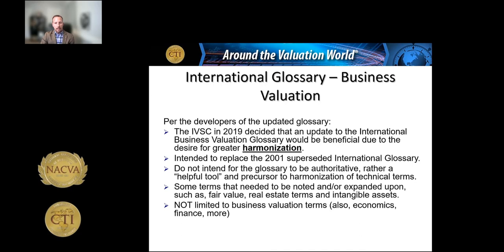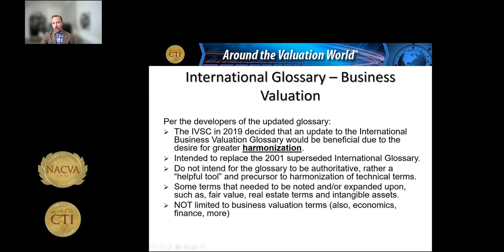It's not intended for the glossary to be authoritative, but rather a helpful tool. The key word is harmonization. We don't believe they were issuing this for there to be one glossary that everyone has to use. It's really just to show that everyone is pretty well using the same glossary, with the intended meanings and definitions behind the terms.